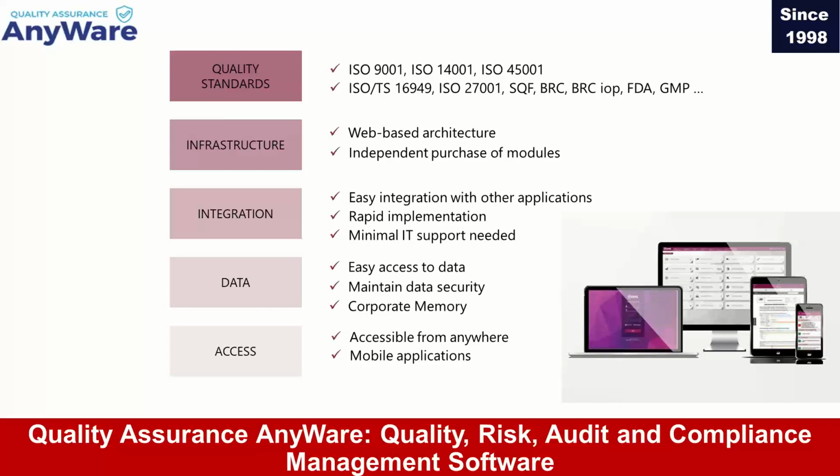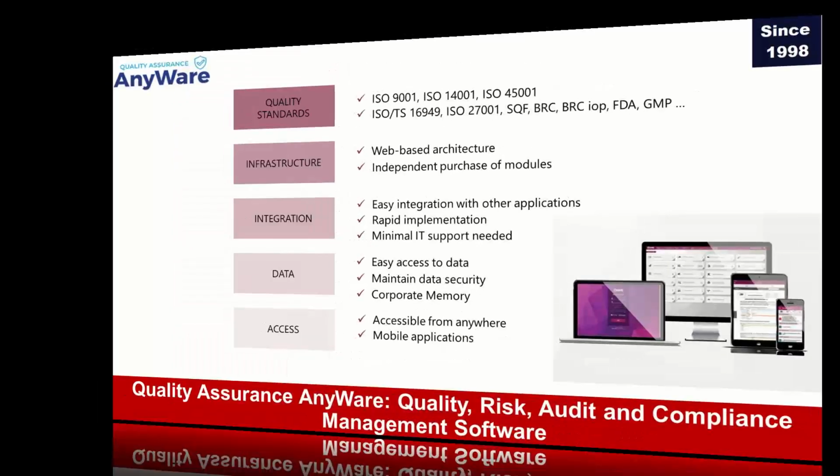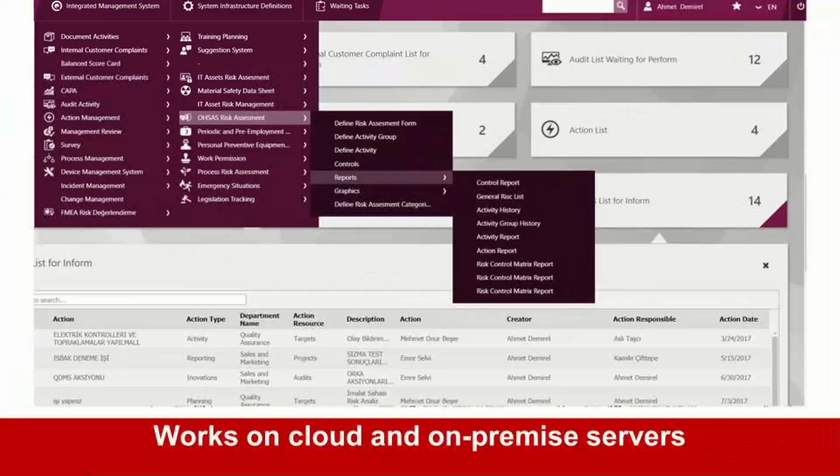This system is web-based. What it means is wherever you are, you may be working remotely at home, you may be on the road, you may be working from office, you can access Quality Assurance AnyWare, wherever you are. It's a great advantage nowadays, especially in the face of COVID-19. As I mentioned earlier, Quality Assurance AnyWare works on cloud as well as on-premise servers.